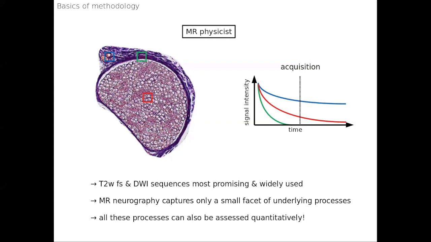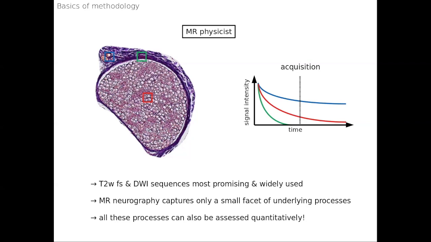So it really depends on the exact acquisition parameters what signal intensity, and also the sensitivity to the disease process you will have. So by choosing, for instance, wrong acquisition parameters, you might not see slight or some disease processes in the peripheral nerves.